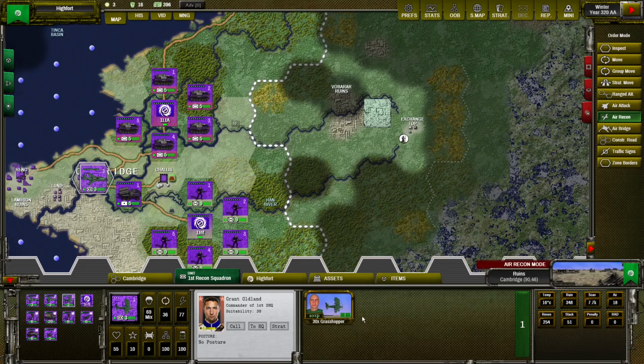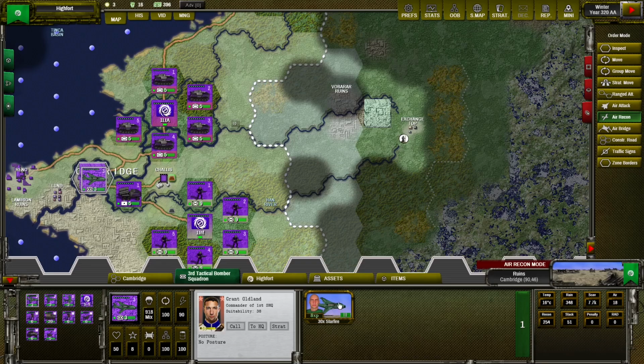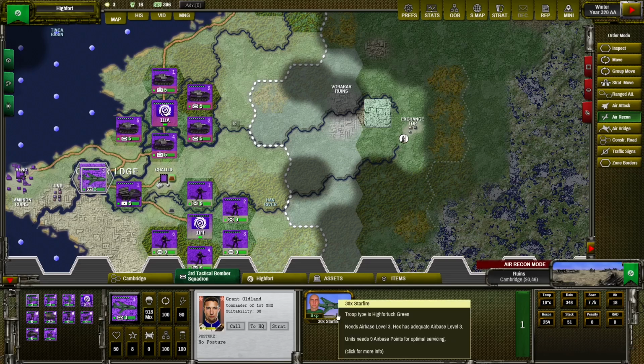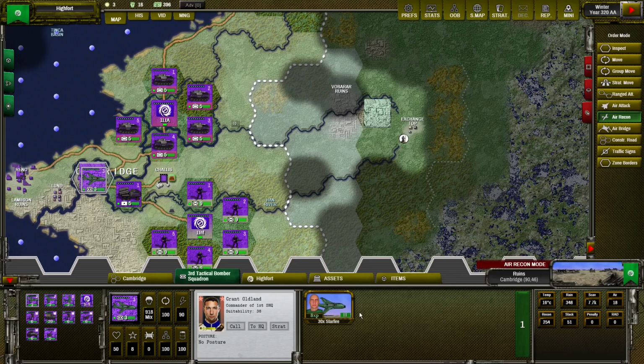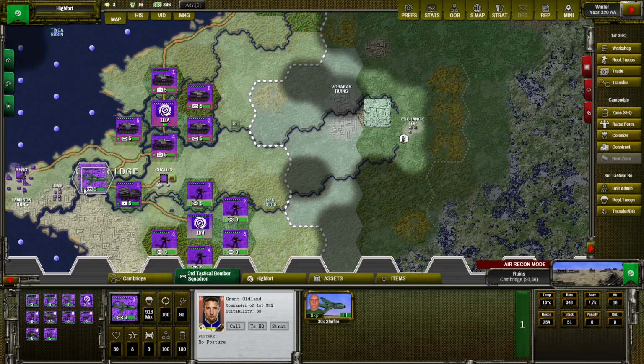This is also very important. So let's say you have built your great tactical bomber, which is a medium aircraft, and you have only airport level 1, then you need to wait a few rounds to build level 2 and level 3 until you will be able to even build this unit, because you cannot raise a new formation on airport level 1 which has a minimum requirement higher than 1.